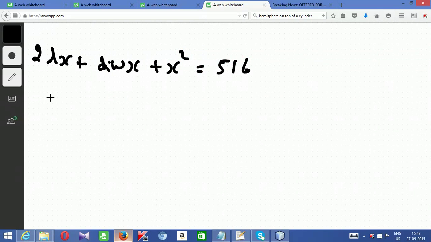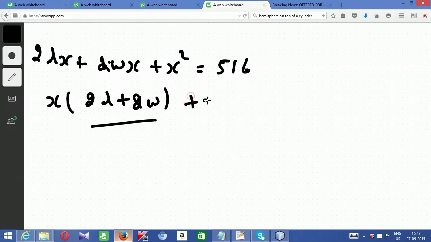And now you take x commonly outside. Now you will see that 2L plus 2W is nothing but the perimeter of the rectangle, right? Plus x square is equal to 516. You can even take x also commonly outside, but before that we can substitute, that will be better.